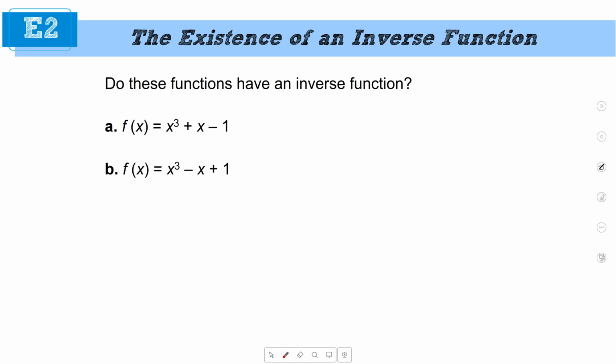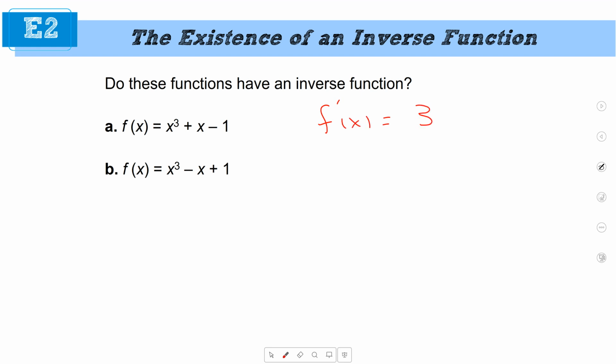So parts A and B. Now we could graph part A and then see if it passes the horizontal line test, but we can also do it with calculus. In order to do that, it has to be strictly monotonic, meaning it's always increasing or always decreasing. So to check that, I'm going to find f prime of x.